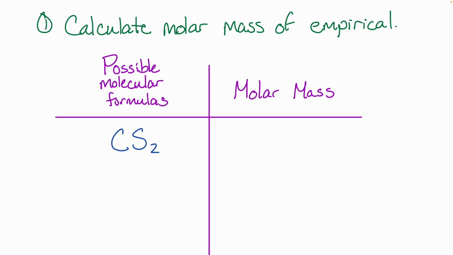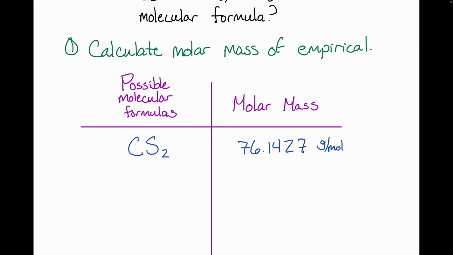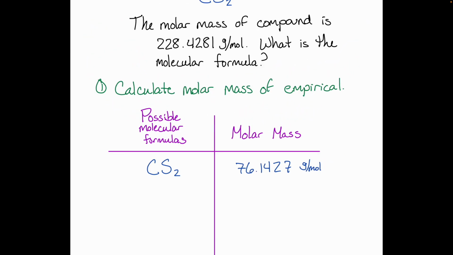Okay, so we do that, 1 carbon and 2 sulfurs. That's a molar mass of 76.1427. Again, molar masses are grams per mole. So do we have a match? No. All right, crap. That wasn't easy.